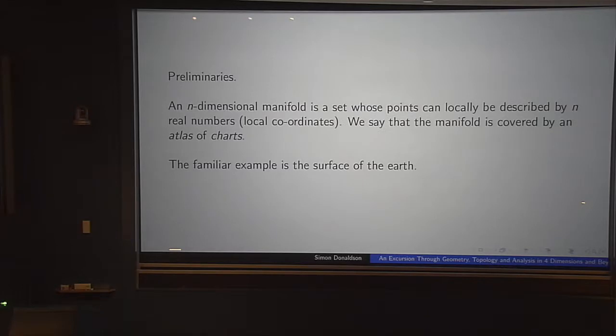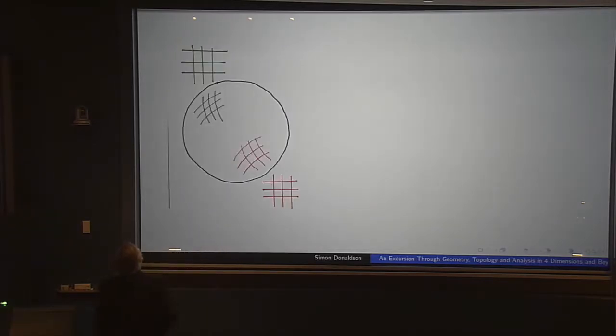And that terminology is not accidental, but it's a very familiar example of this setup, because it's exactly what we do when studying the surface of the Earth. We take a crude picture of the surface of the Earth, if we're working in a relatively small region of the Earth's surface, we have a chart with some coordinates.